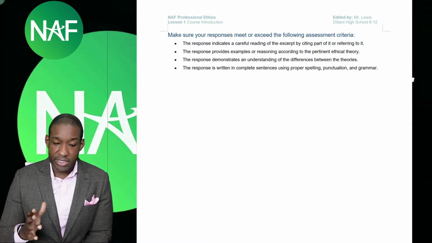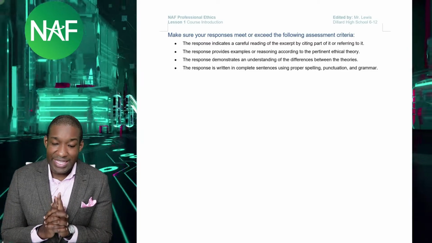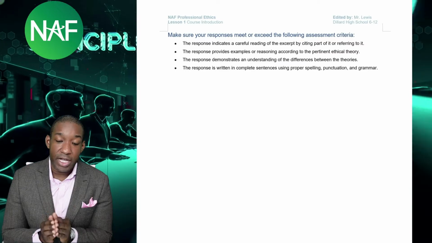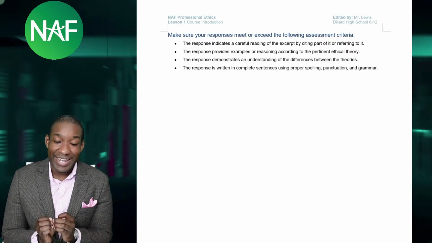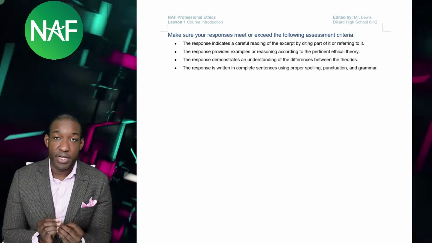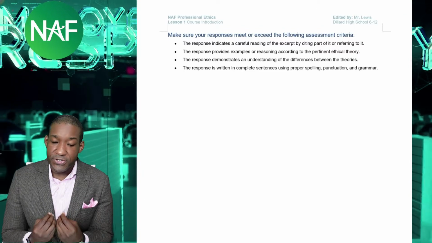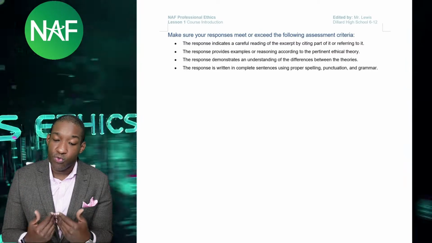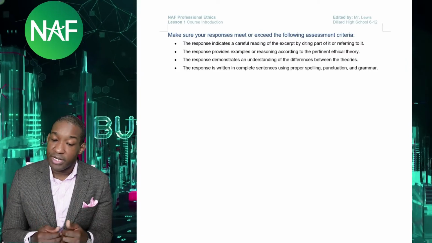These are your assessment criteria. The first criterion is that the response indicates a careful reading of the excerpt by citing part of it or referring to it. Your second is that your response must provide examples or reasoning according to the pertinent ethical theory.